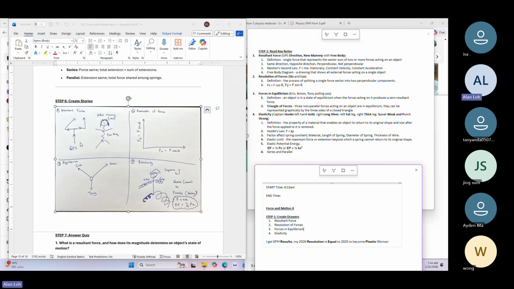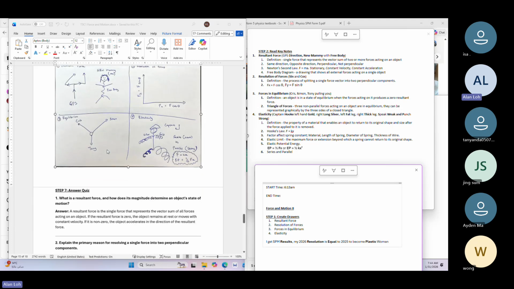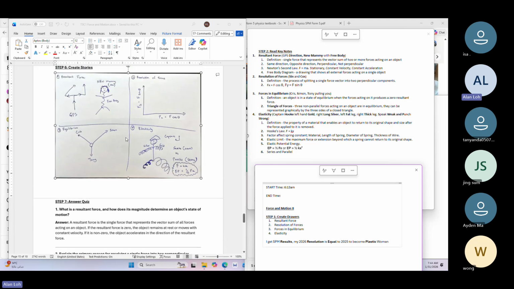But now, we finished step 6, so we will go to step 7. Step 6, if you already drew your own drawing, put it right in front of you. So you have two things in front of you: the drawing and also this very short story, to help you remember the drawers' names in sequence.